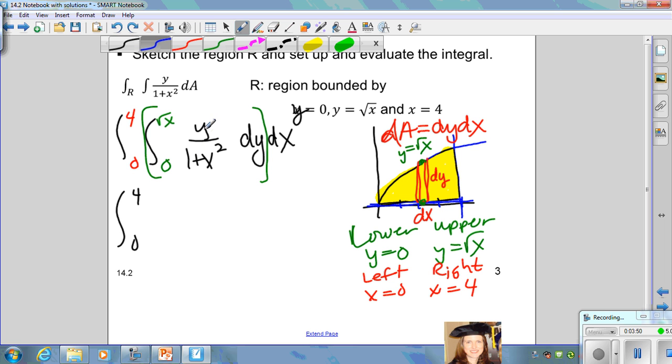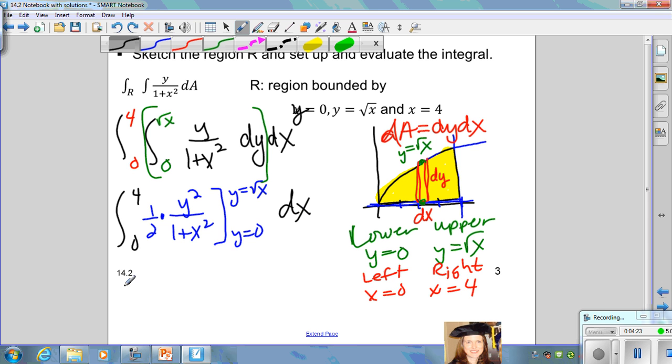The antiderivative of y divided by a constant is y squared over 2 along with that constant. We can bring that 1/2 out in front, treating the 1 plus x squared as a constant. We evaluate this for the lower bound y equals 0 and the upper bound y equals the square root of x.